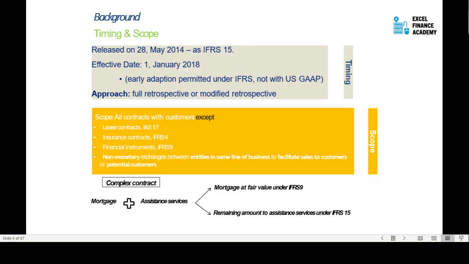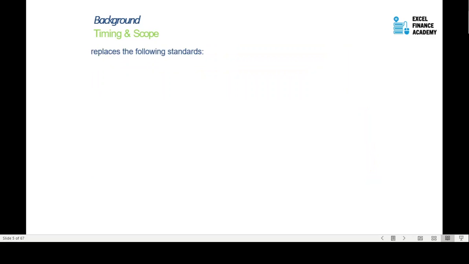So the contract has to be broken down into manageable pieces, and the goods, the services and the performance obligations under the contract have to be identified clearly, so that the correct accounting standard is applied onto the contract. So that's the background of IFRS 15.